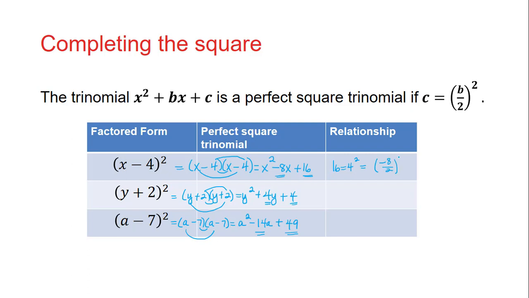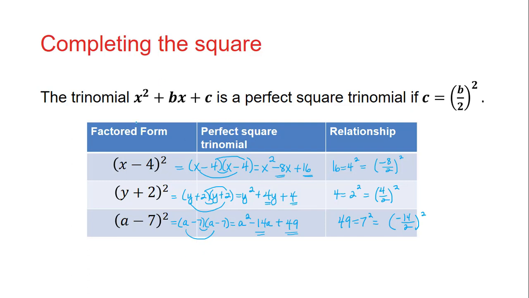In fact, it's really the same thing as half of negative 8 all squared. The 4 and the 4, well, 4 is the same thing as 2 squared, but that's really half of 4 squared. 49 is 7 squared, but that's the same thing as half of negative 14 squared.